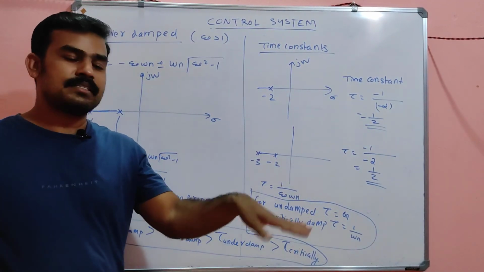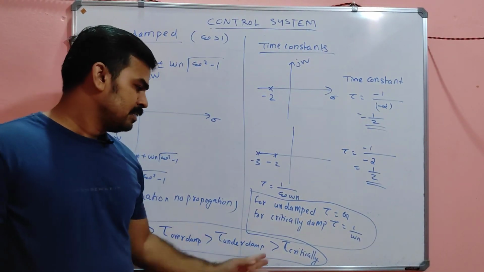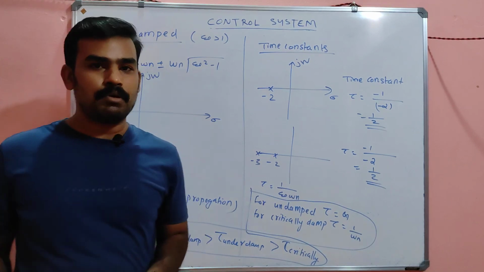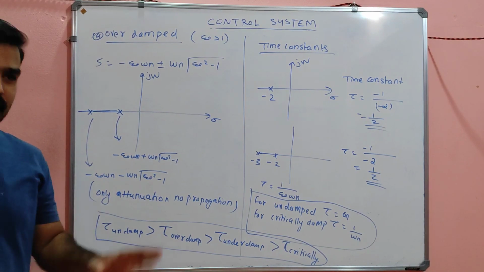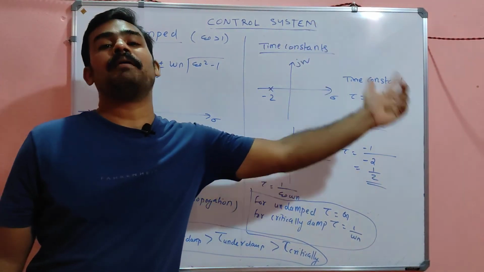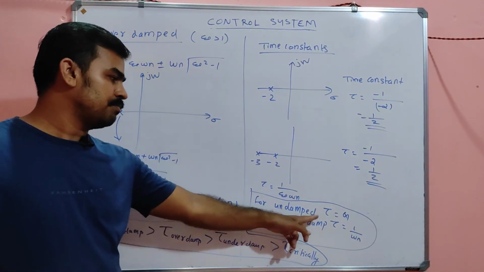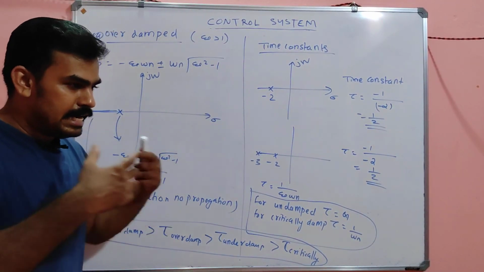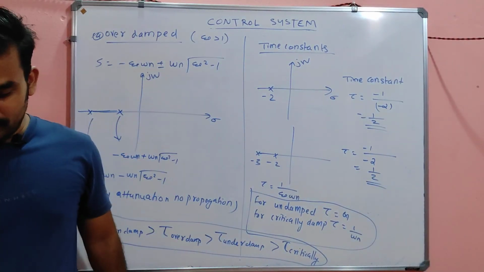Underdamped also always has some damping. And critical damping means it is the least time constant system. Sorry, undamped means it is not damping, but it will take more time to reach the final value. That you directly obtain from here: tau is equal to infinity. So just remember this. That is the order: undamped, overdamped, underdamped, critically damped.